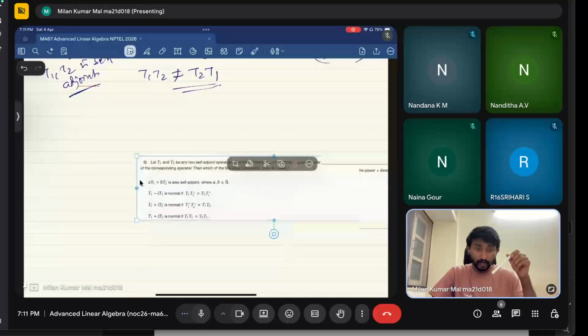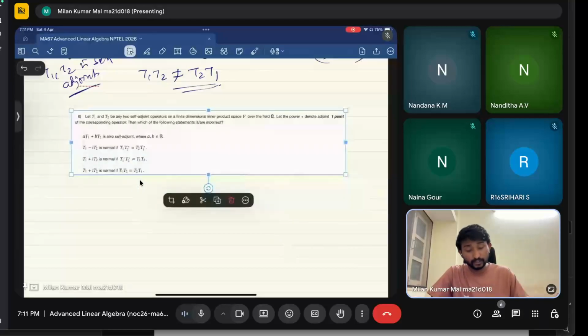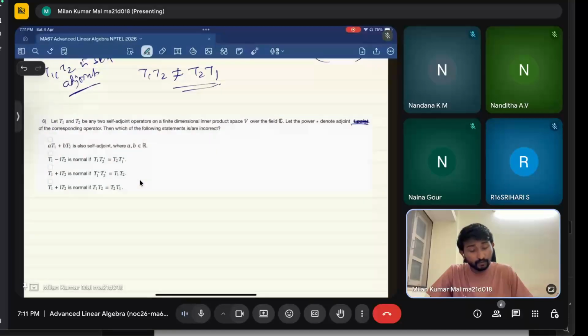I think we have checked this. No, I have not checked this problem. Okay, this is a different problem. Let T1, T2 be self-adjoint operators on a finite dimensional inner product space V over the field C, and let star denote the adjoint. Then which of the following statements is incorrect? So here it is asked which of the following statements is incorrect.